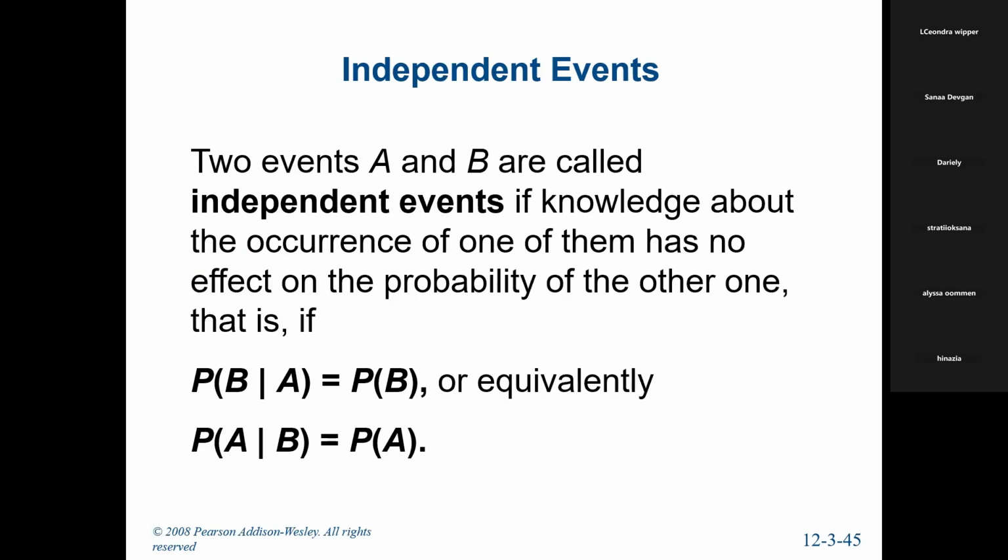That is, if the probability of B given A equals P of B, or equivalently, the probability of A given B equals P of A. If this happens, the two events A and B are independent. Got it?